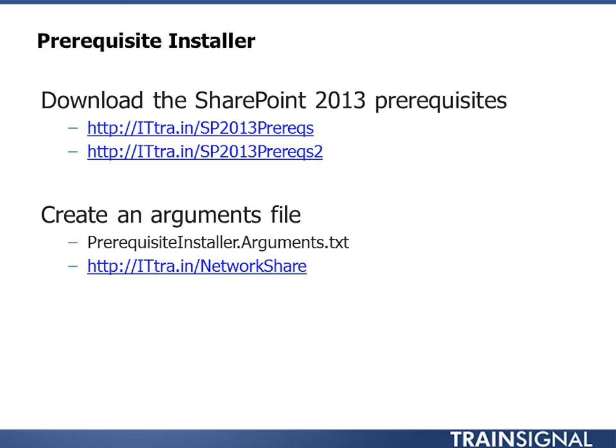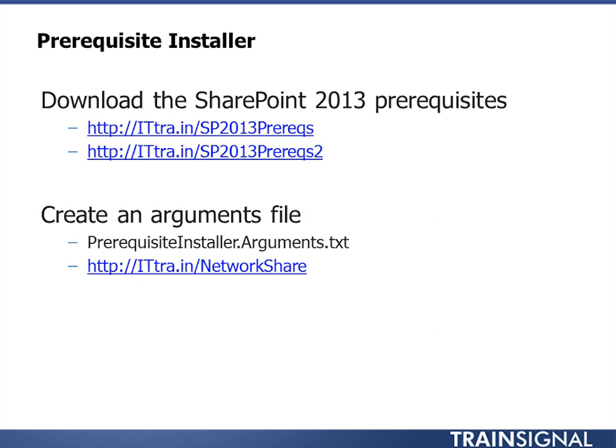The prerequisite installer file, as we're going to see, has everything all set up for us. As far as creating the little answer file that you're going to need for the prerequisites, unfortunately, you have to create that arguments file all on your own. Fortunately, if you take a look at the little link that's provided there, they've got the steps, the instructions on how to go in and create that.